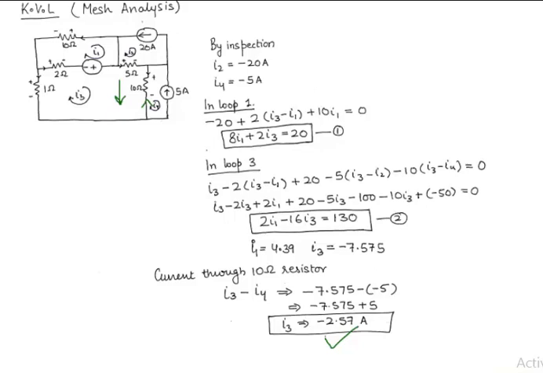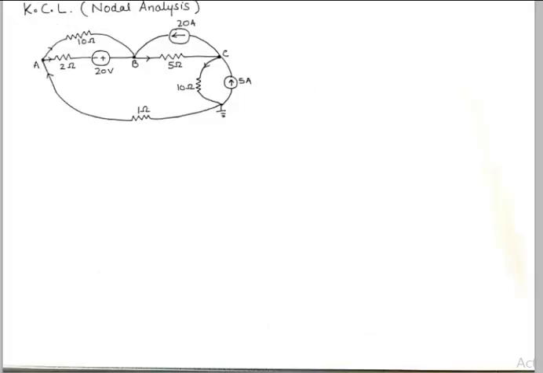Now we proceed on to the third one, which is nodal analysis. Now our network of 3 sources and 5 passive elements can be redrawn like this. I always like to redraw the network like this because it clearly states 3 nodes A, B and C, and the currents also look very easy at the nodes.